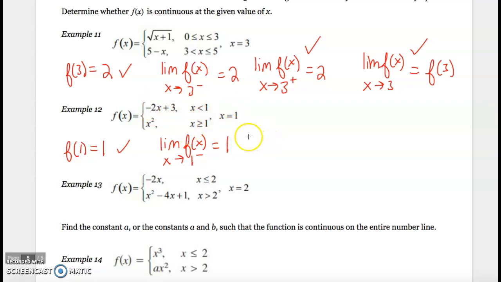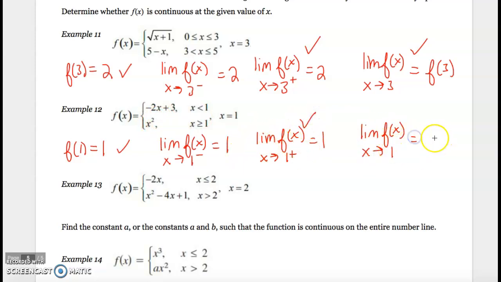And then if I plug it into my right hand, I also get 1 because that's plugging it into the second piece right here. So down here, 1 squared is 1. And then last but not least, my general limit, because my left and right hands match, my general limit would actually equal what my function is when I plug it in. So this is continuous as well.